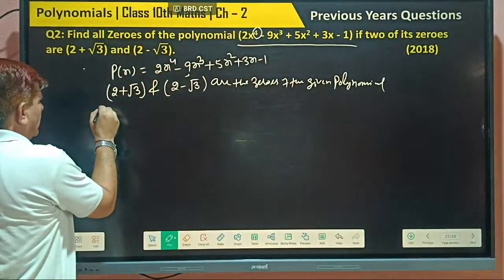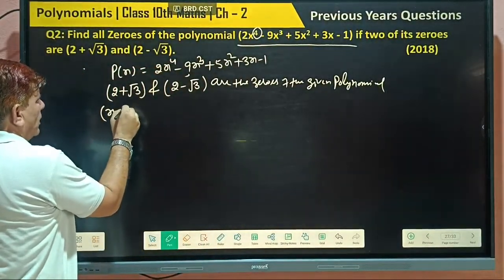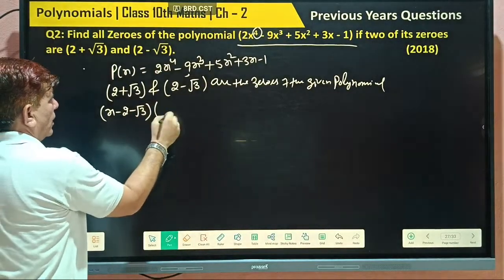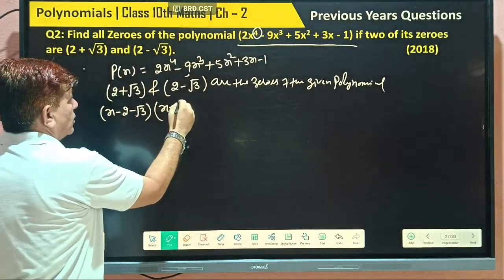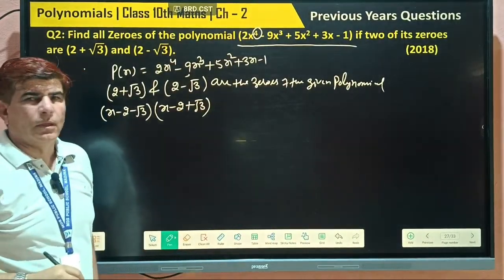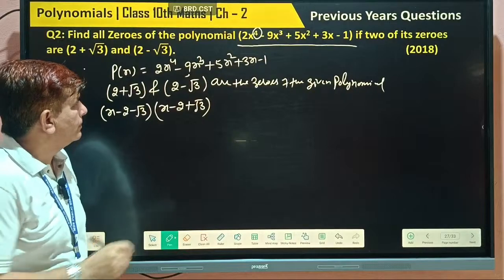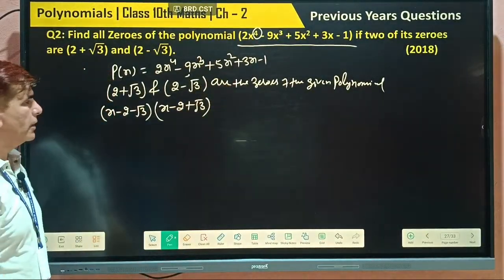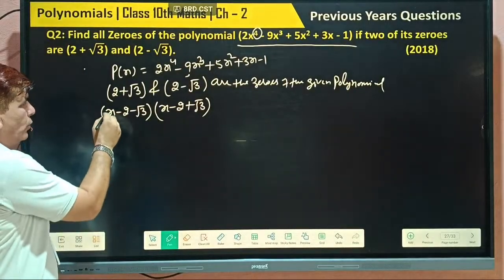So x minus 2 minus under root 3 and x minus 2 plus under root 3 completely divide this. So what I can do, you can multiply.